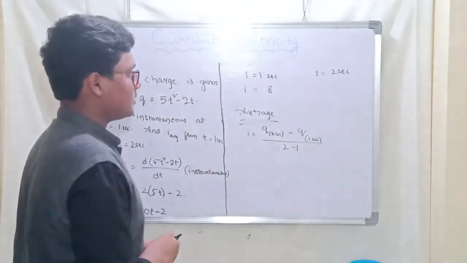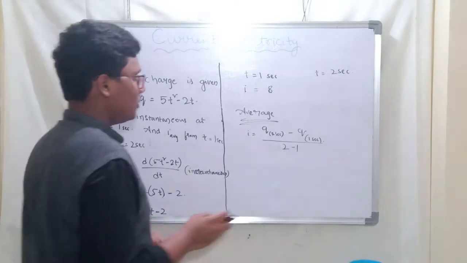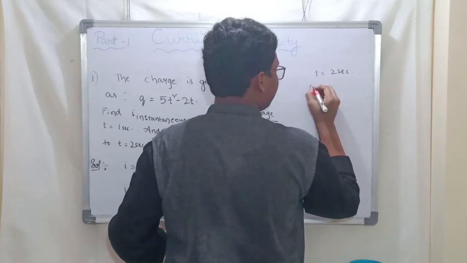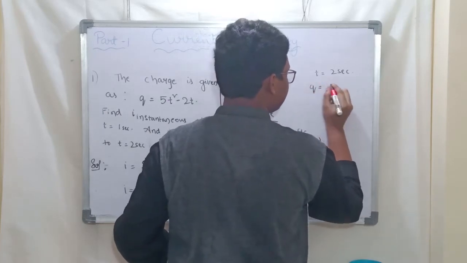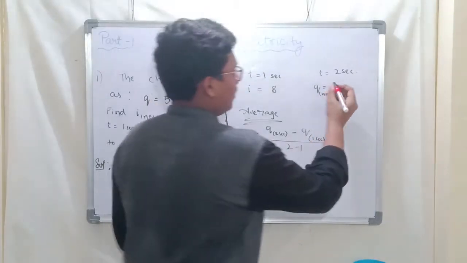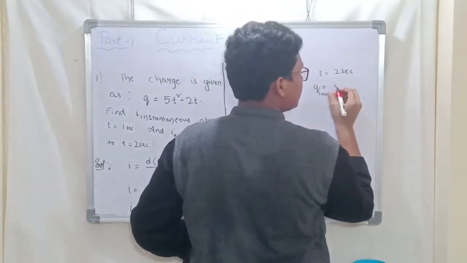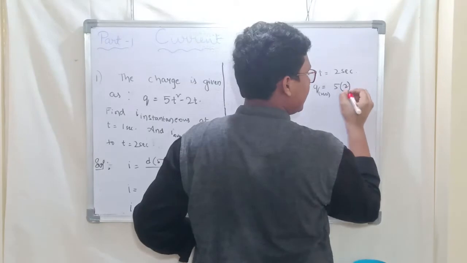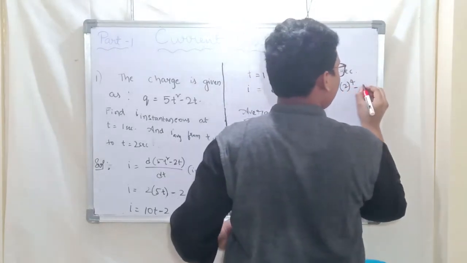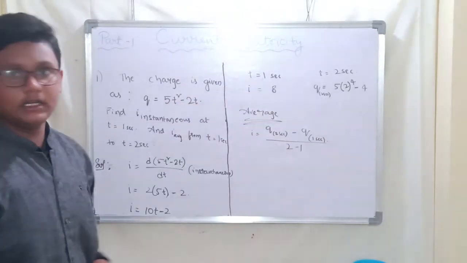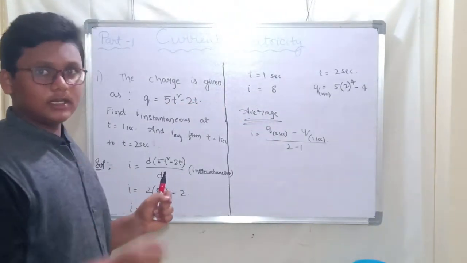For instantaneous current we use the formula dq by dt because we need it at a particular instant.